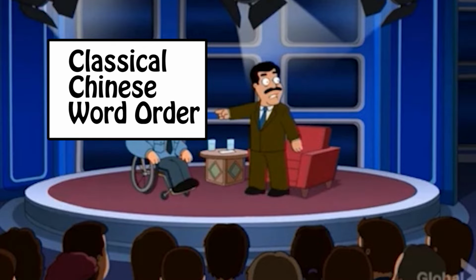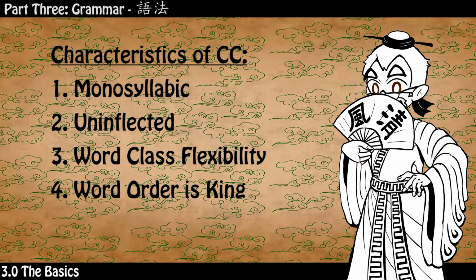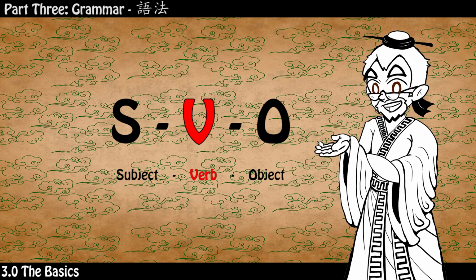Muy importante! And is often the only way you can tell how one word relates to another within a sentence. Like English, Classical Chinese follows an SVO, that is, subject, verb, object, word order. But unlike English, this word order is much stricter, with only a few very specific exceptions which we'll encounter later on.